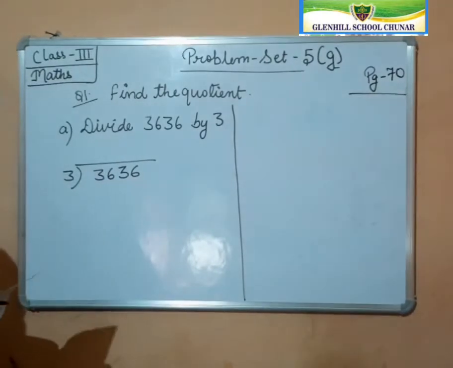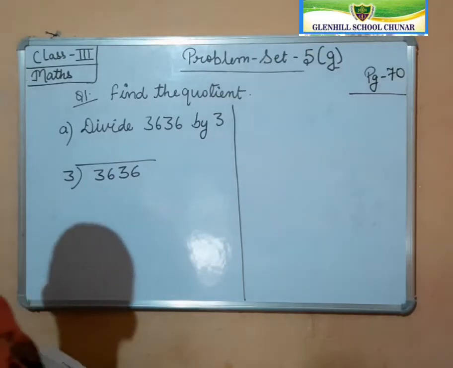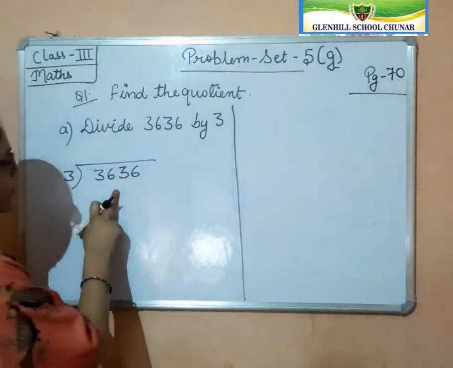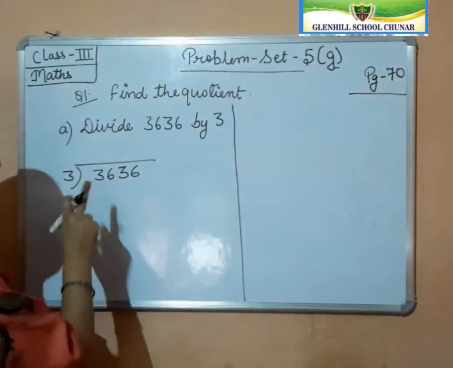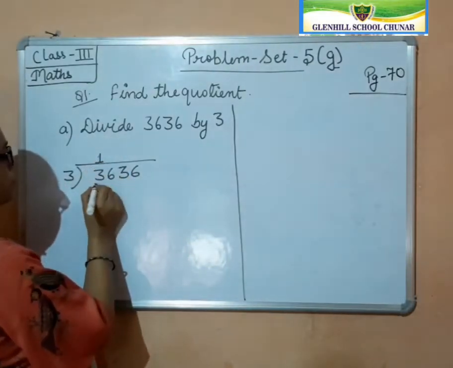So the divisor I have written here and the dividend is here. Now see, in 3's table, 3 comes how many times? In 1 time. Okay, so 1 I have written.